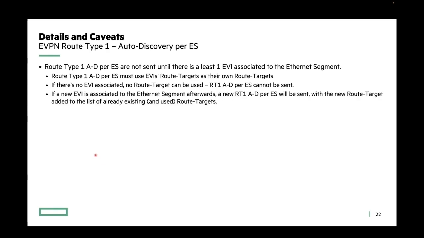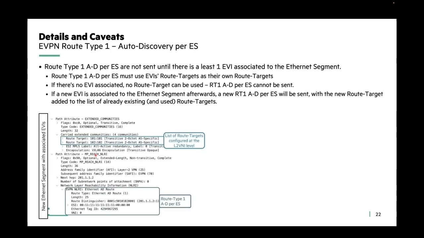On the other hand, if a new EVI is associated to the Ethernet segment afterwards, let's say after 2 days, 1 week, 1 month, whatever, a new RT1 AD per ES will be sent with the new route target added to the list in the extended community. Just to illustrate that, we have 2 examples.